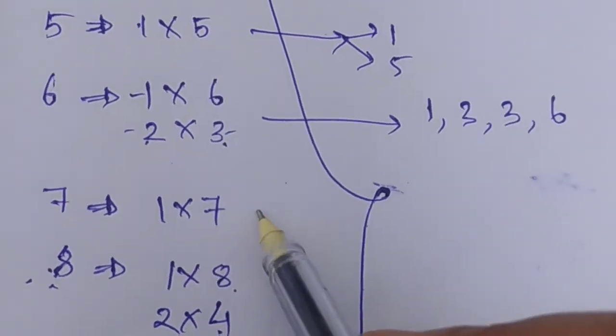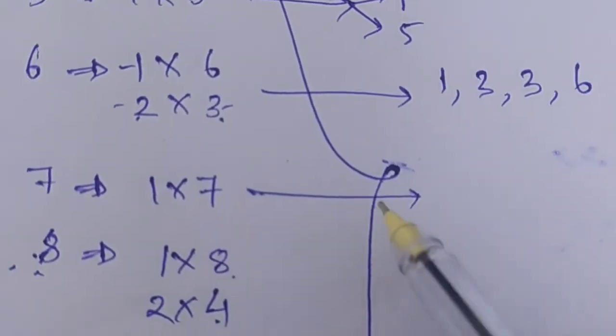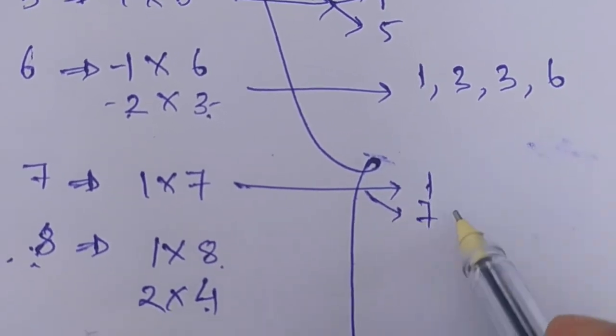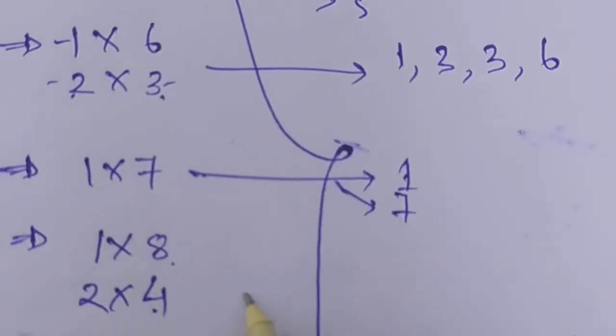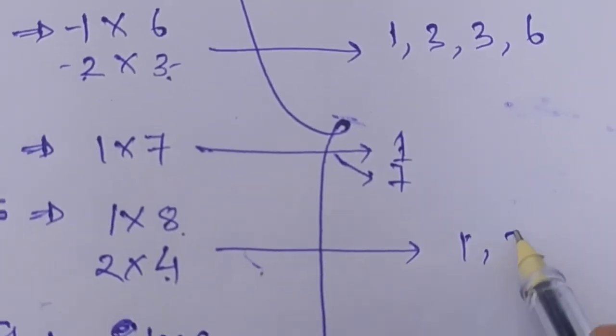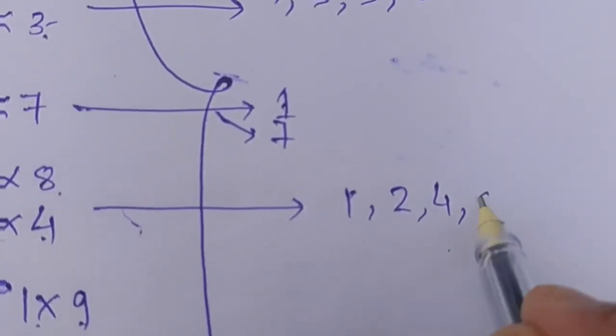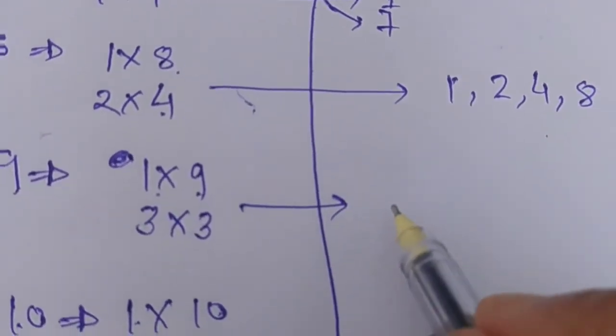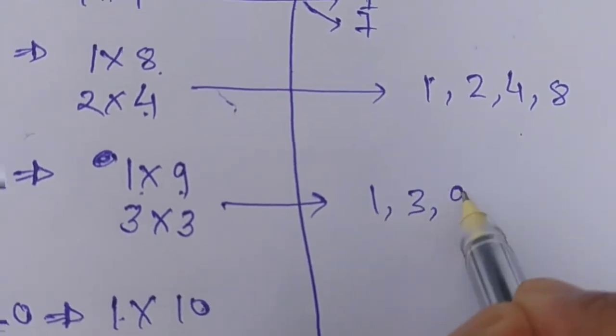Let's go to 7. For 7 we have 1 and itself. For 8 we have 1, 2, 4, 8. For 9 we have 1, 3, 9.